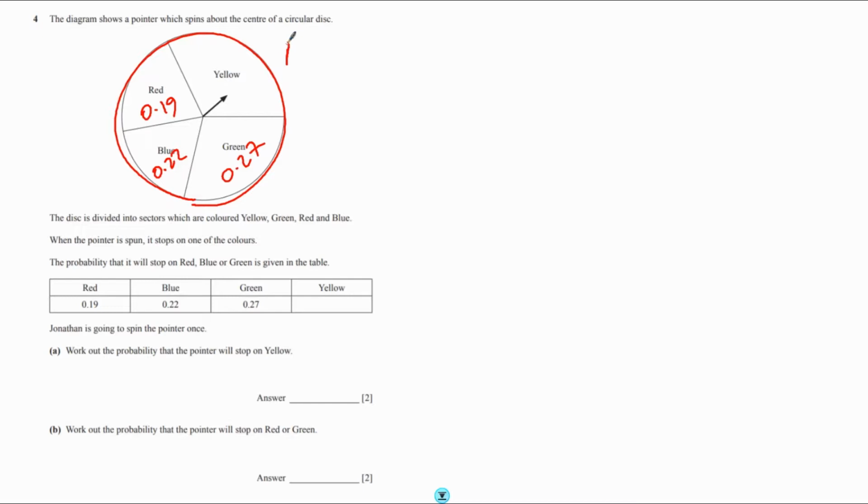So probability of the yellow would be 1 minus 0.19 minus 0.22 minus 0.27. So if I add these together, 0.22 and 0.27 is 0.49, and 0.19 adding to that 0.68. So this would be 0.32. So the answer for the first part is 0.32.